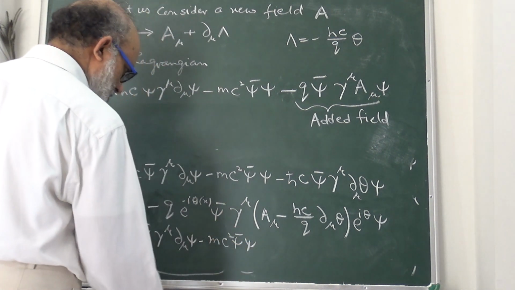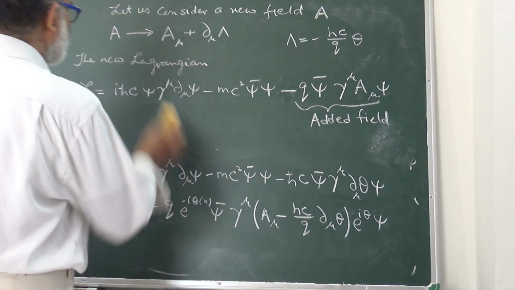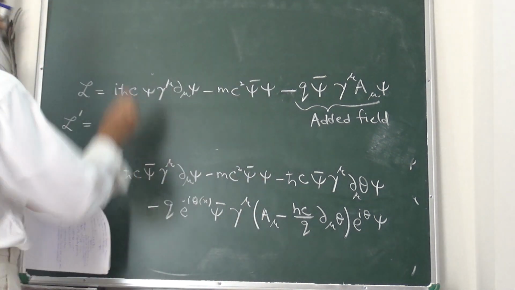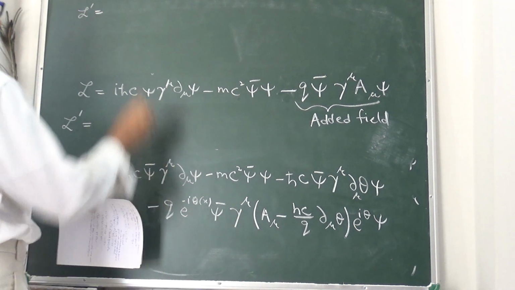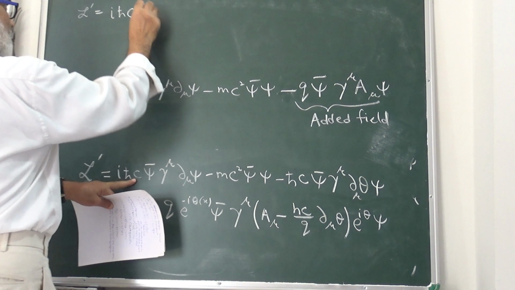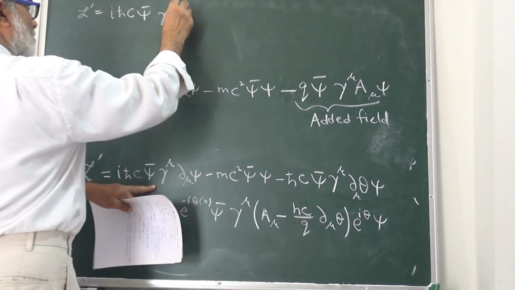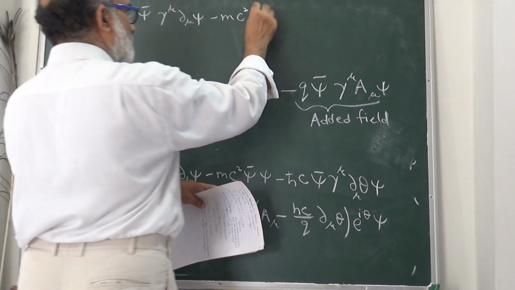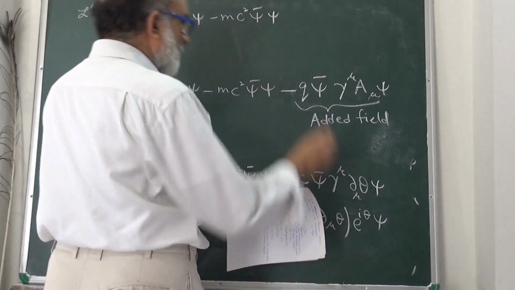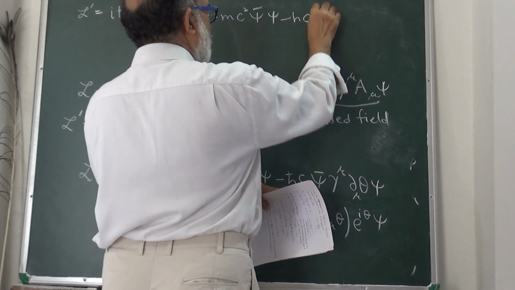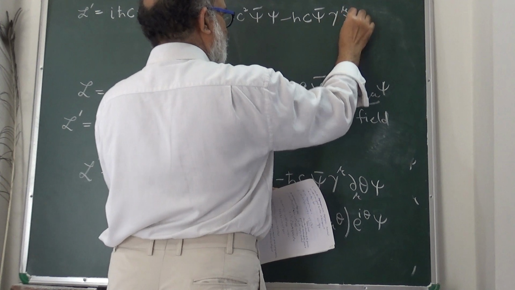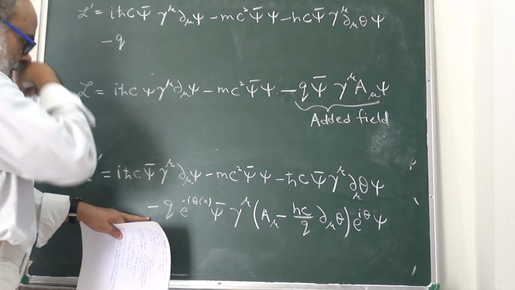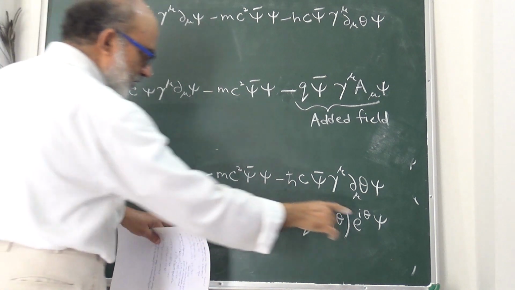It's better I write right here: psi h cross c minus mc square minus hc, now this minus q e to the power minus i theta e to the power plus i theta.